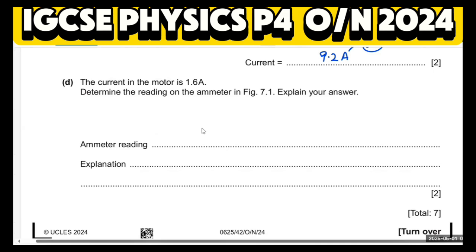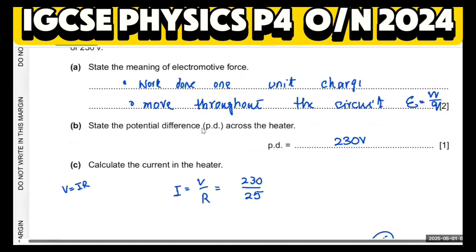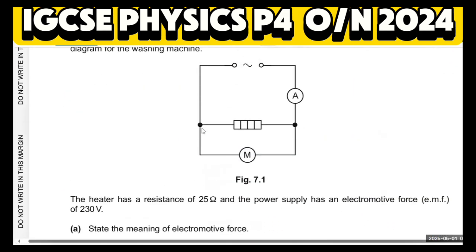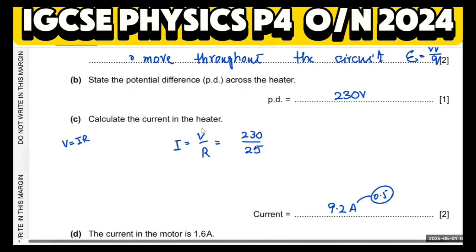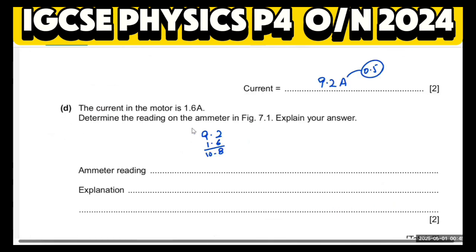Obviously, you can see that the current is being divided. We don't know the total current, but we know the current of the heater, that is 9.2, and the current of the motor is 1.6. Obviously, we will add them. So how will you explain it? 1.6 plus 9.2 is 10.8 ampere. This is the ammeter reading. Why?